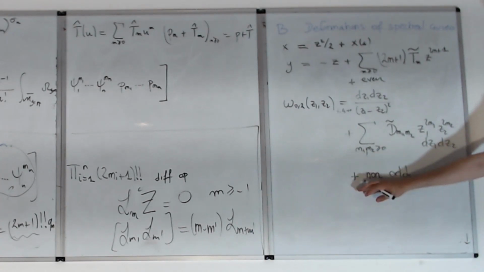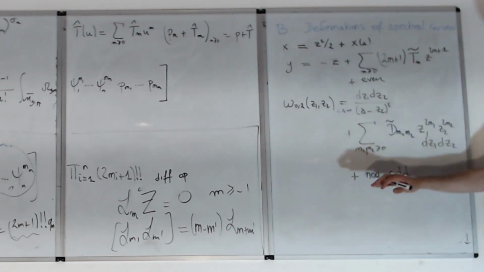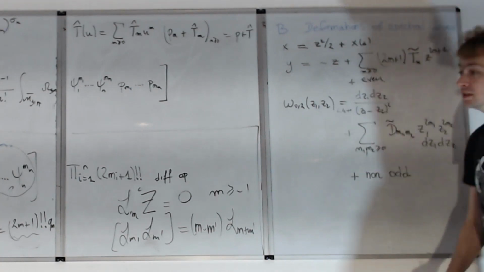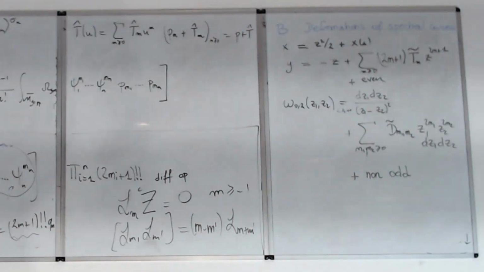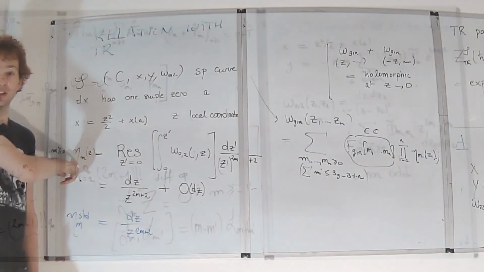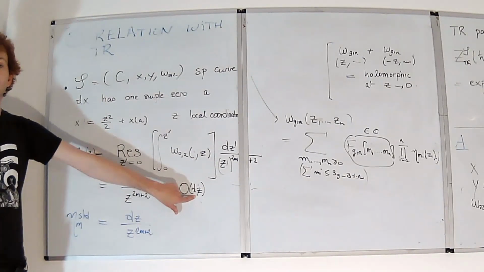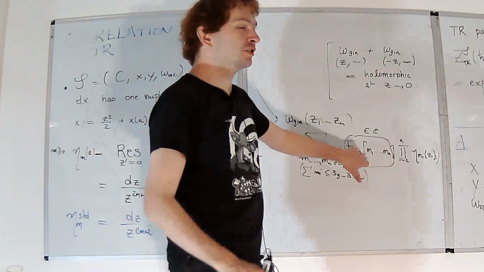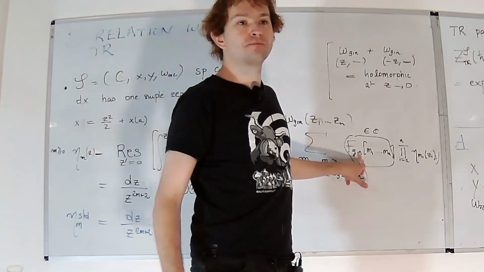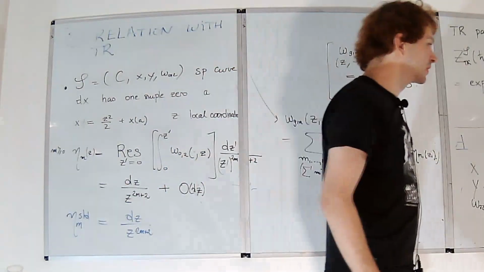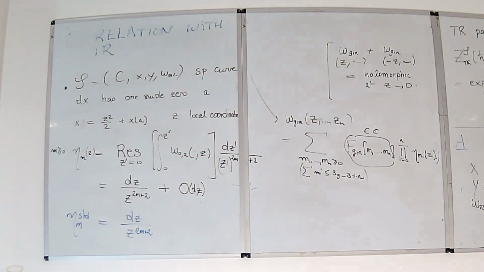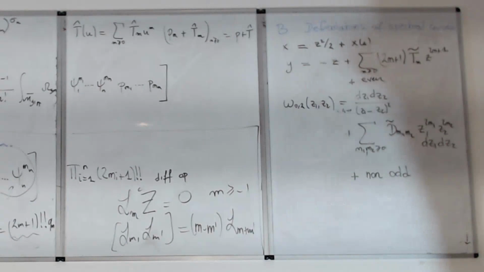But this non-odd part, the only place where it shows up is in the expression for the differential. It's going to affect the big O of dz here. Otherwise, it doesn't change the coefficients F g,n. So that's all that is going to matter here.